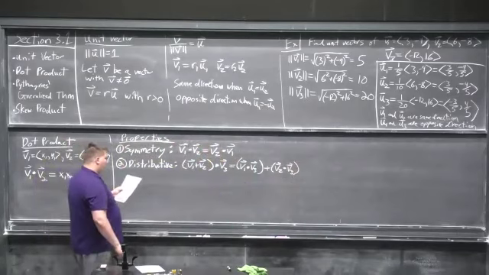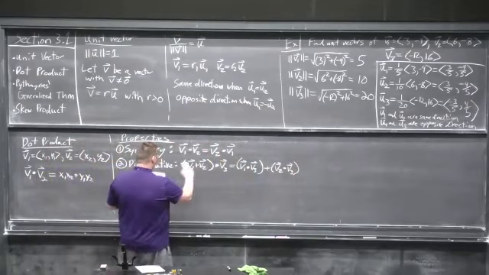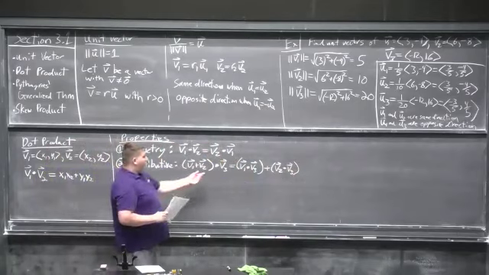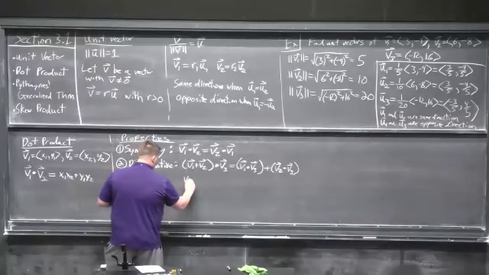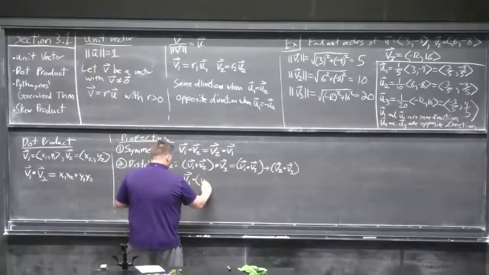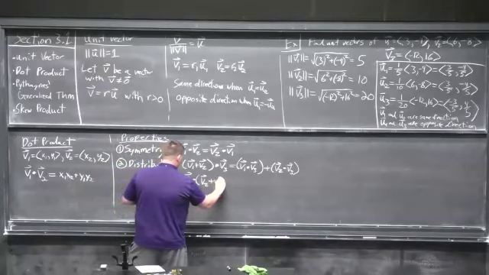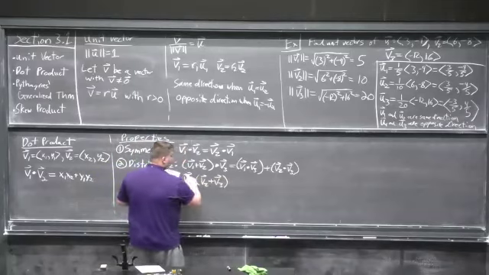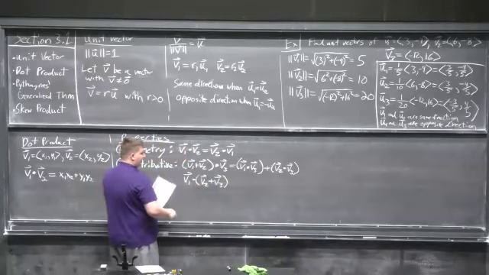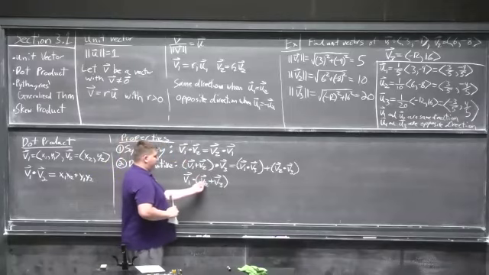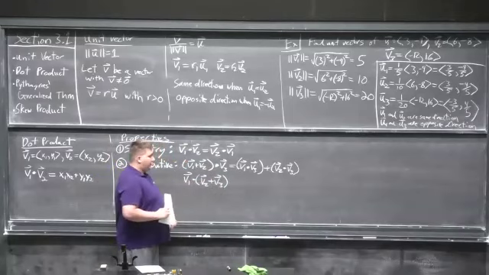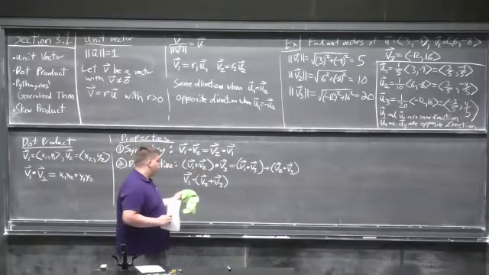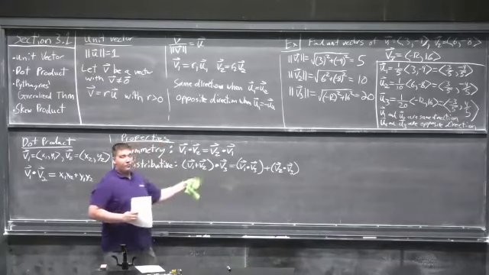We could also distribute it from the other side as well. So if I have V1 dot V2 plus V3, we can get the same result of distributing this and getting V1 dot V2 plus V1 dot V3. So it's distributed from both the right and the left-hand side.